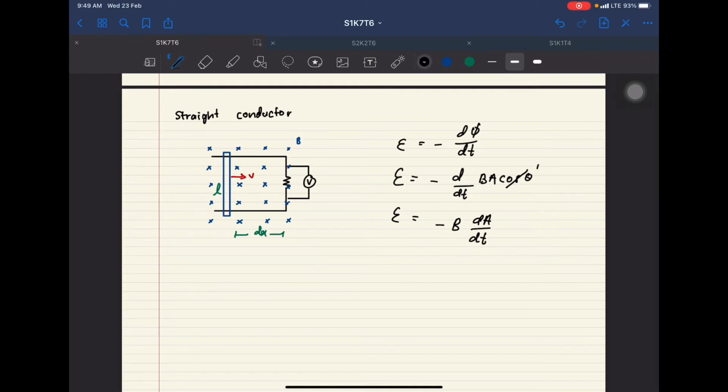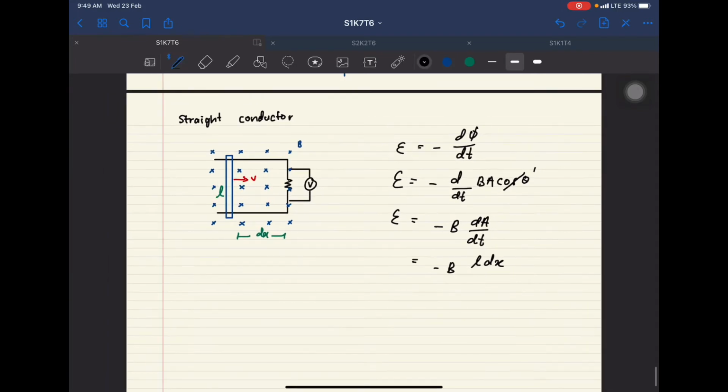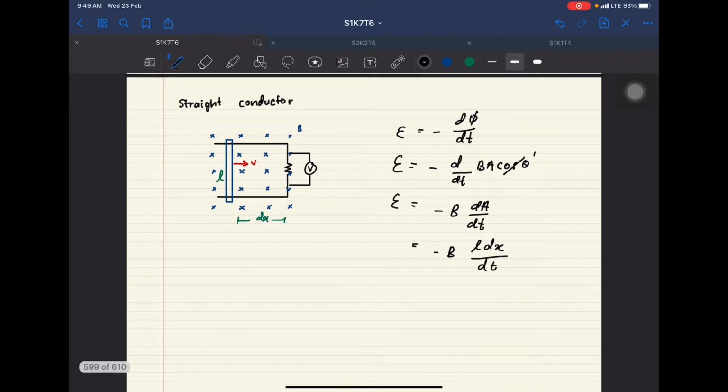So I can write down here negative B, my dA now becomes L multiplied by dx. Right, this is thus the area here. So length multiplied by the side, L times dx over dt. Okay, so you know that dx over dt is actually equal to velocity, because that one is just the change in displacement over time. You can write down this one as BLV.